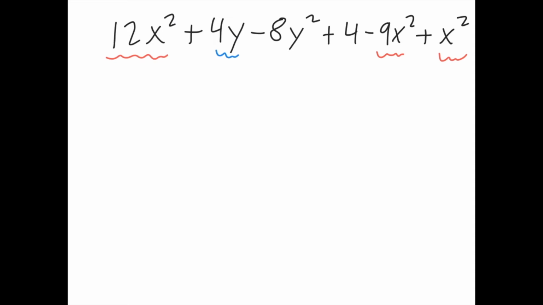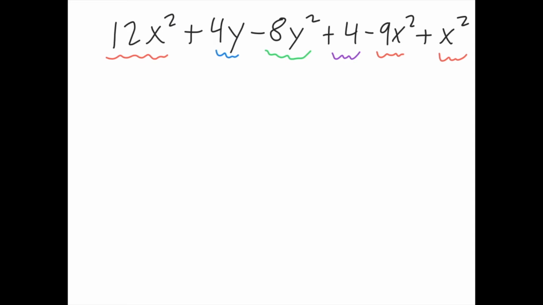Then we have minus 8y squared. Again, it's just a y squared, can't combine with anything else because there are no other just y squareds here. So then we have a plus 4. That's the only thing we have left. There are no other just numbers, so that just stays there.